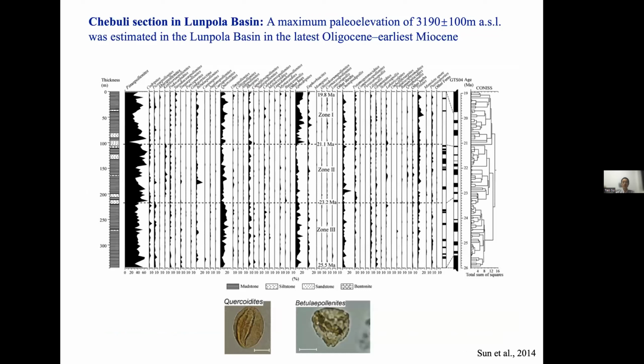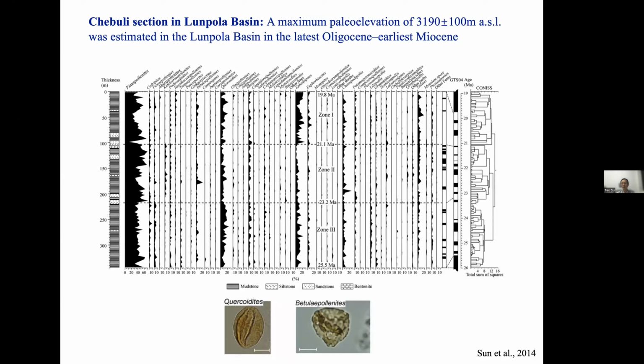If we talk about a younger flora, until now we don't have enough macrofossil record. But according to the pollen record, during the latest Oligocene to earliest Miocene, the central Tibetan region was still not quite as high as nowadays.